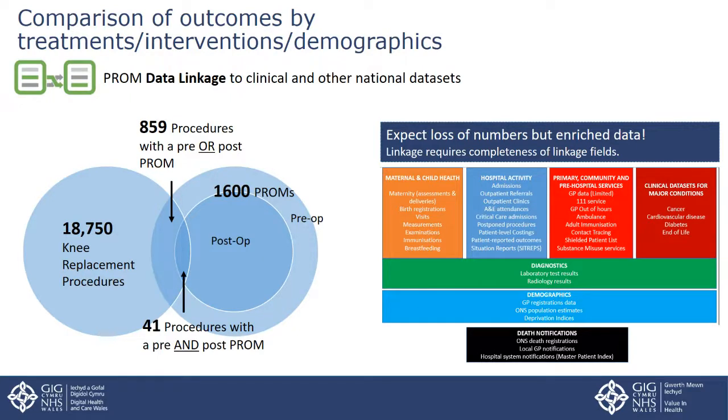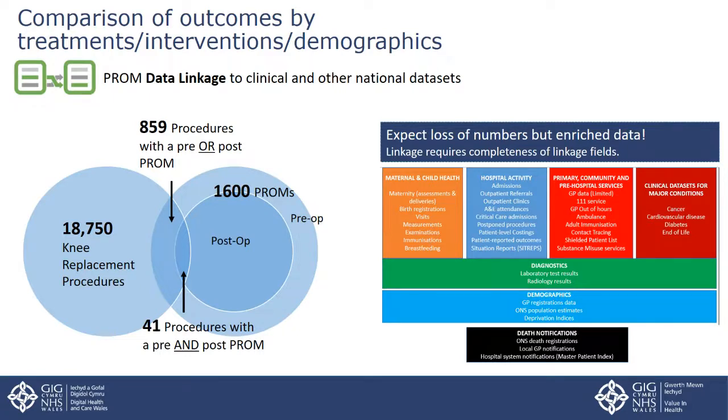Due to the voluntary nature of PROMs, it is unlikely that linking to clinical data will match all records. The advantage of examining only these records that link is that the linked dataset offers a richer set of information, analysis by ethnicity, detailed procedure and diagnosis, or other outcome data. However, you must expect a loss in numbers on linkage due to data quality and completeness issues on both datasets.